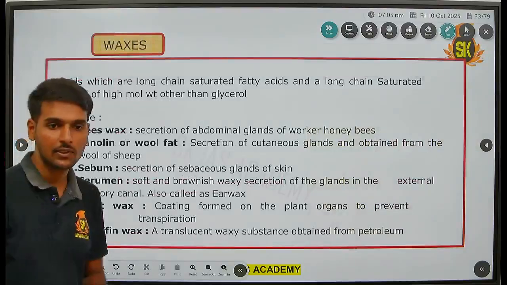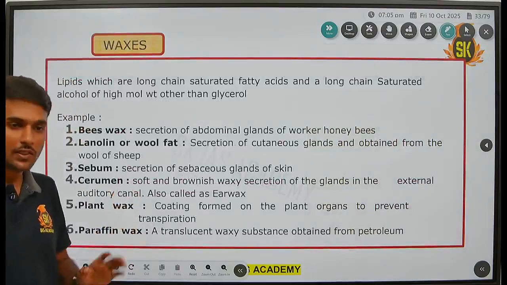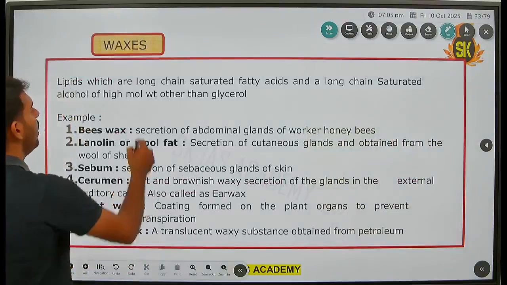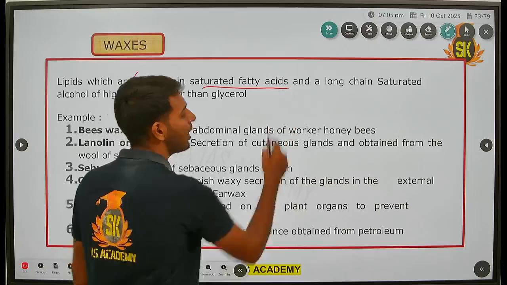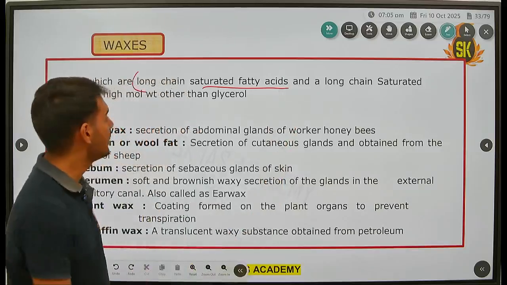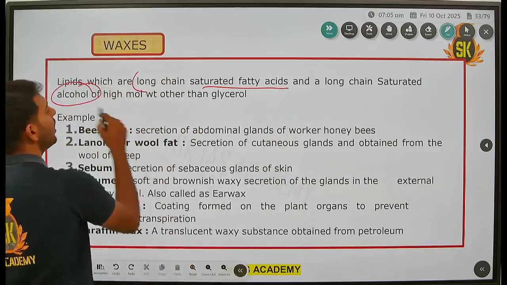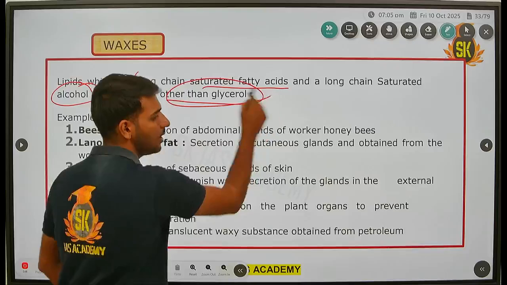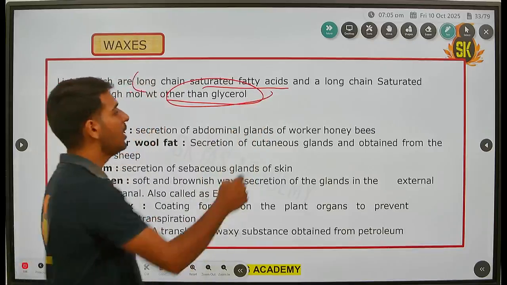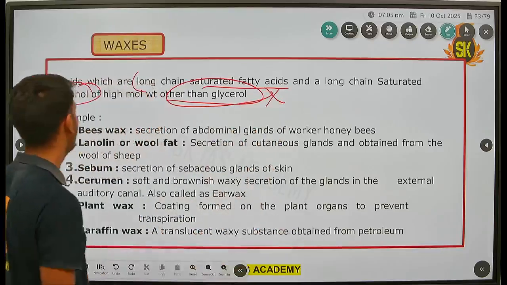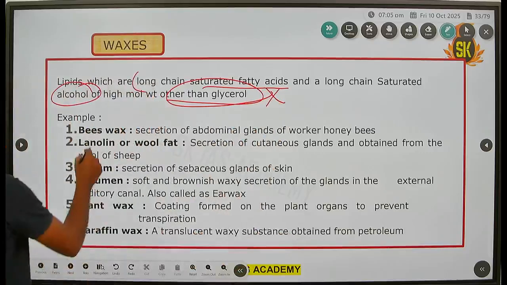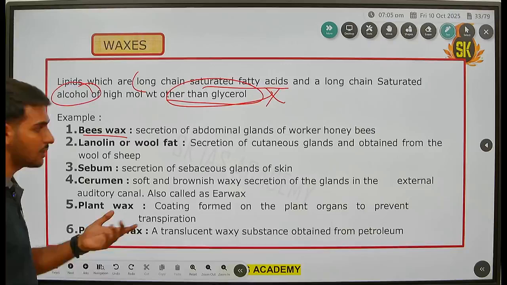Now waxes. These are again simple lipids. So long chain saturated fatty acid, does it contain glycerol? No, it contains an alcohol other than glycerol. Glycerol is not in waxes, any other form of alcohol. Examples we have: beeswax. It is a wax.